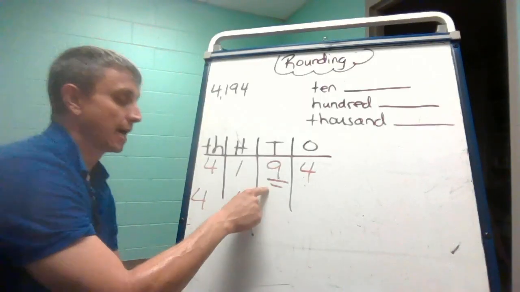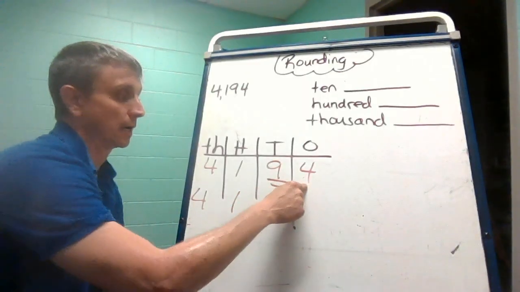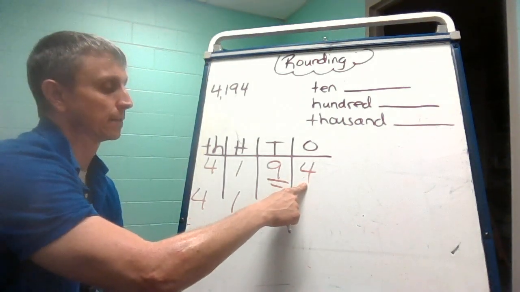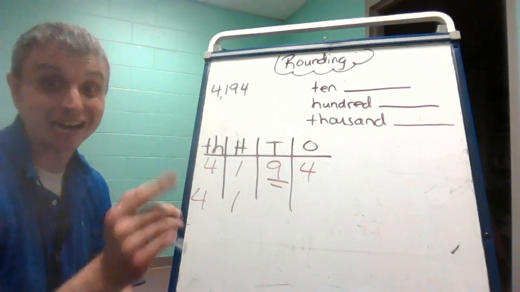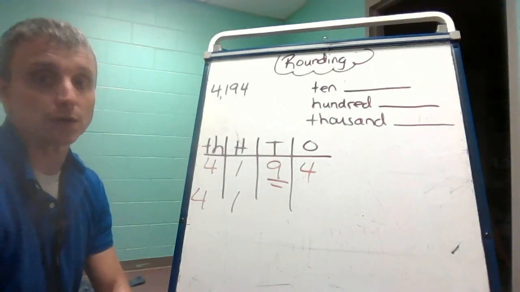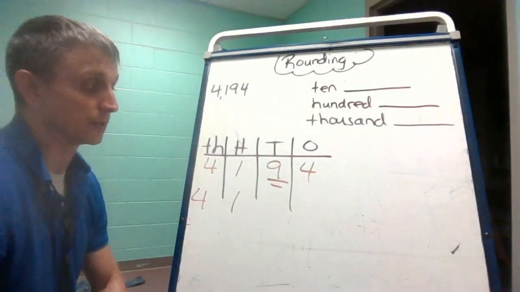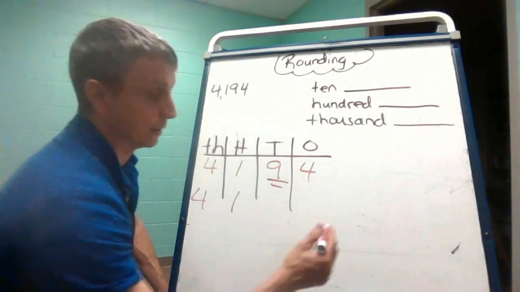Alrighty, so the 9, I'm going to look to the digit to its right, and this is my rounding number, this is my number that's going to tell this number what to do. I'm not going to use any sort of silly song or anything like that, because I want you to understand this in terms of place value. This 4 is important.